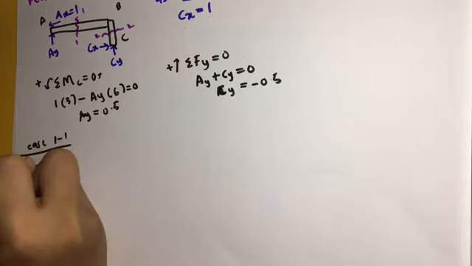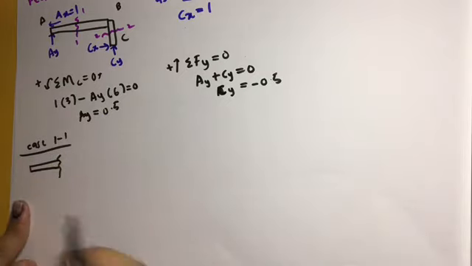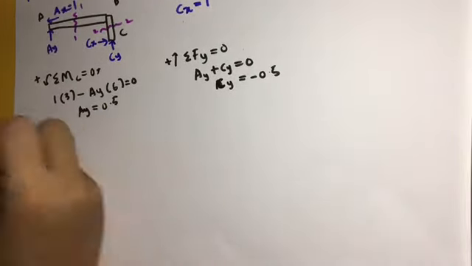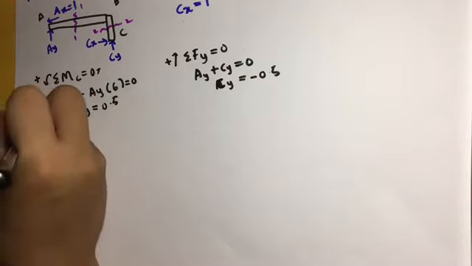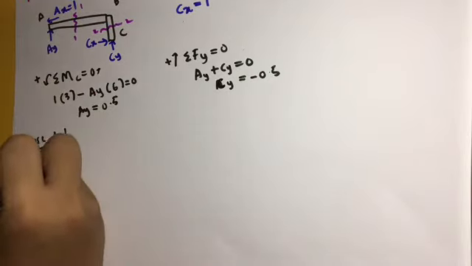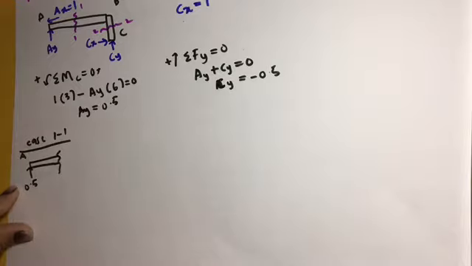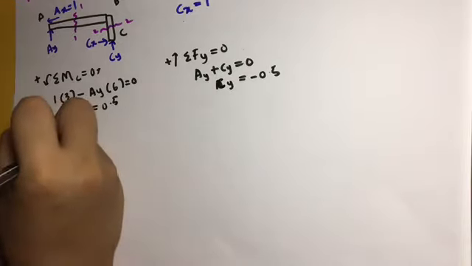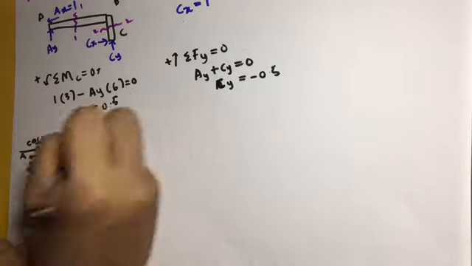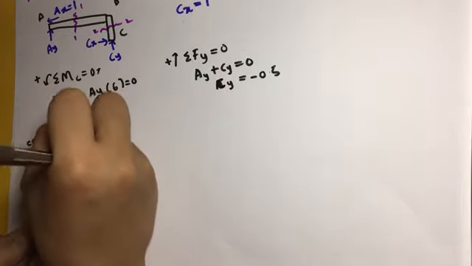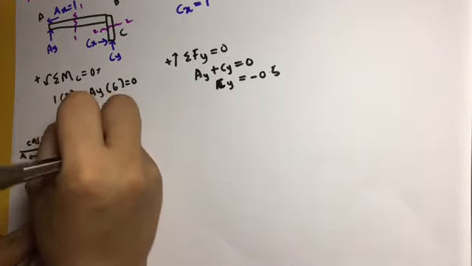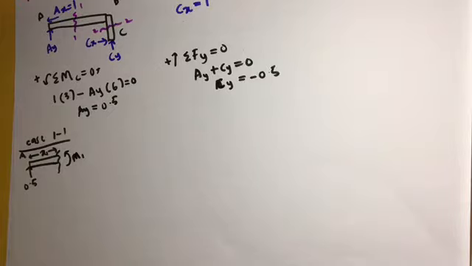So here we got the cut, right? And then we got this is a A, 0.5 here, and then this is a x1 distance, and then I'm gonna assume this to be M1 for this structure.